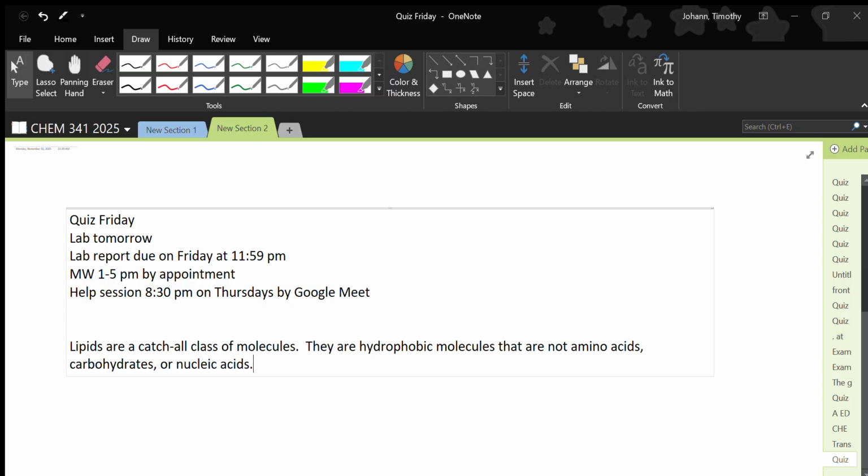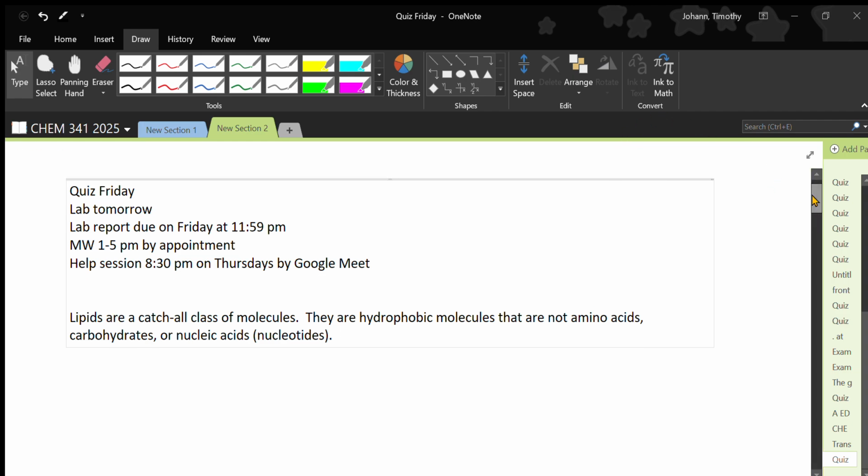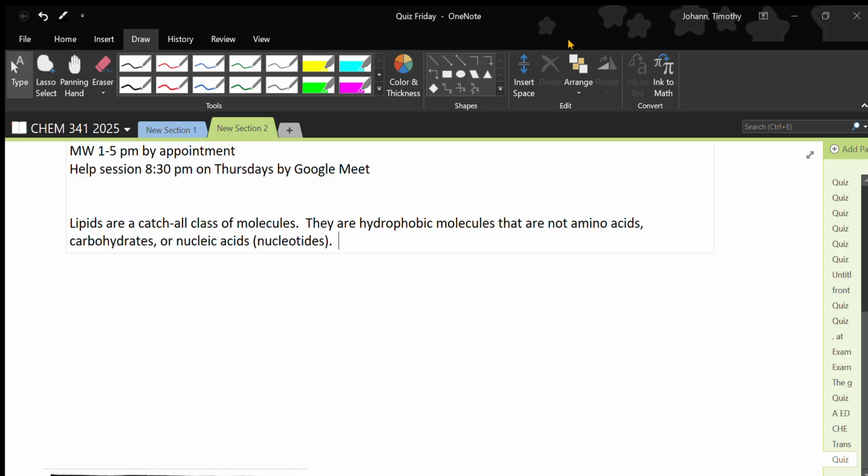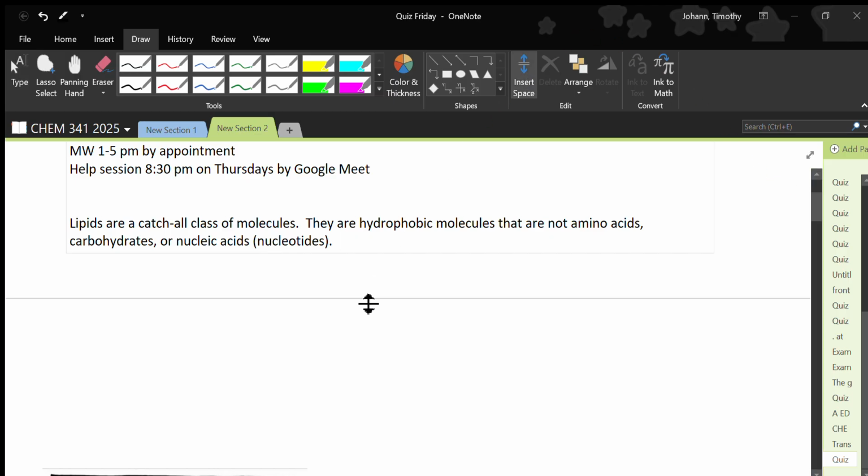Nucleotides aren't the same as nucleic acids, but I'm trying to make this as general as possible. All right, and so they serve important roles, but they are much more diverse than these other things.